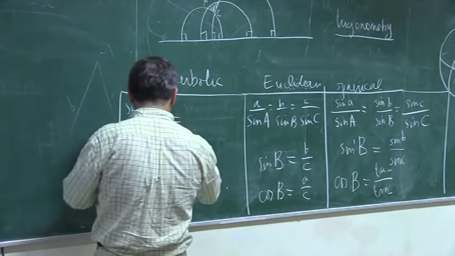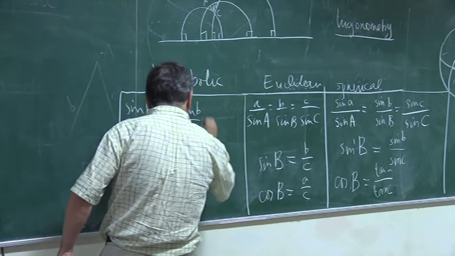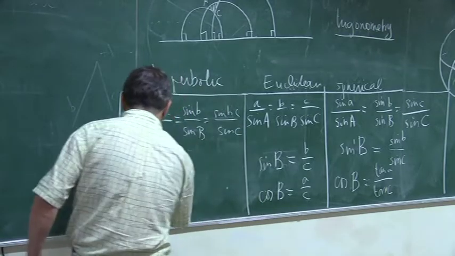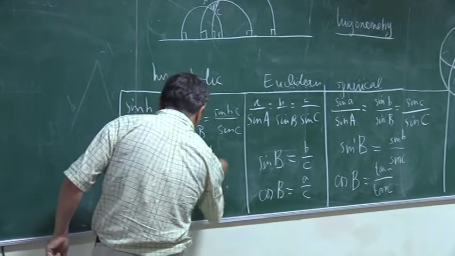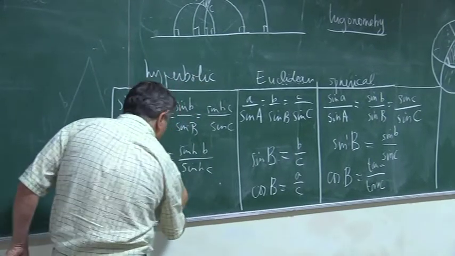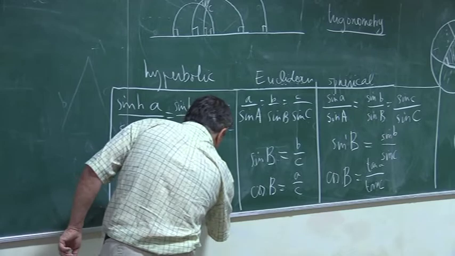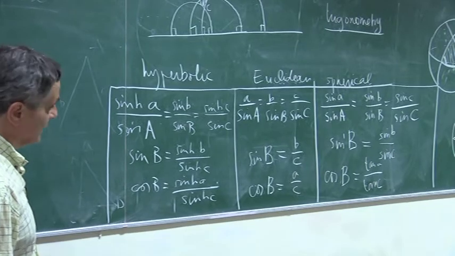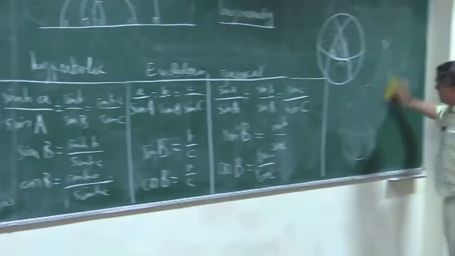So the angle is the sine of the angle, and here it is sinh B divided by sine B, sinh C divided by sine C, and here I can write it automatically, sine B equal sinh B divided by sinh C, and the last one, cosine B equal to sinh A divided by sinh C. So these are some of the trigonometric formulas of non-Euclidean geometry.